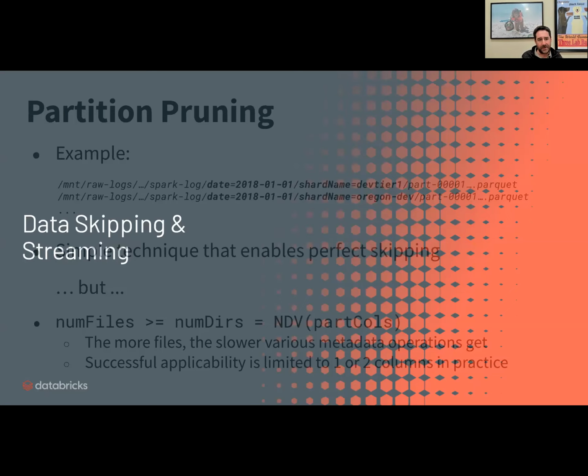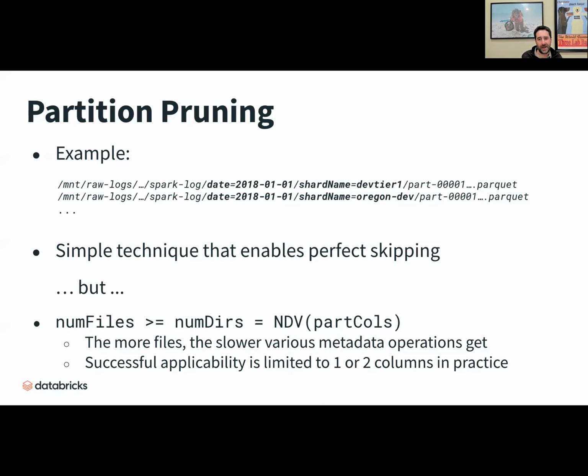The first piece of this, though, is data skipping and how you can actually use these formats to prune out the values that you don't want to actually look at. So again, think of extremely large amounts of data, and these large amounts of data are in a larger number of specific files as well, and partition pruning can make it so that you can actually skip different pieces of that, particularly using the partition columns.